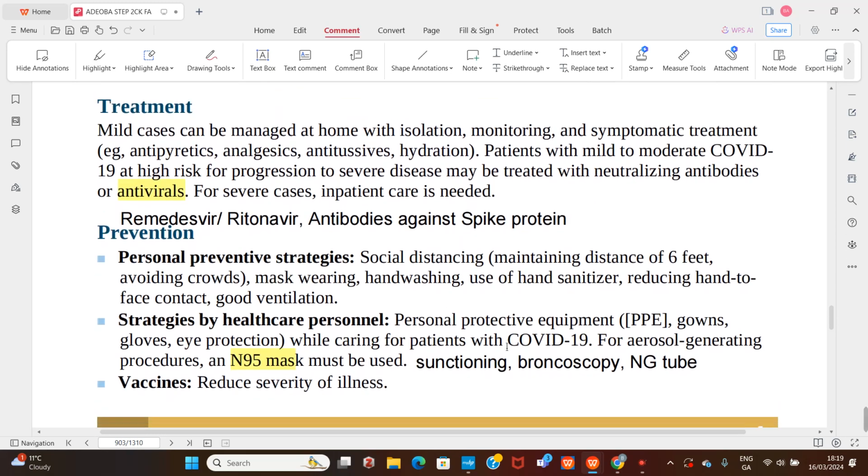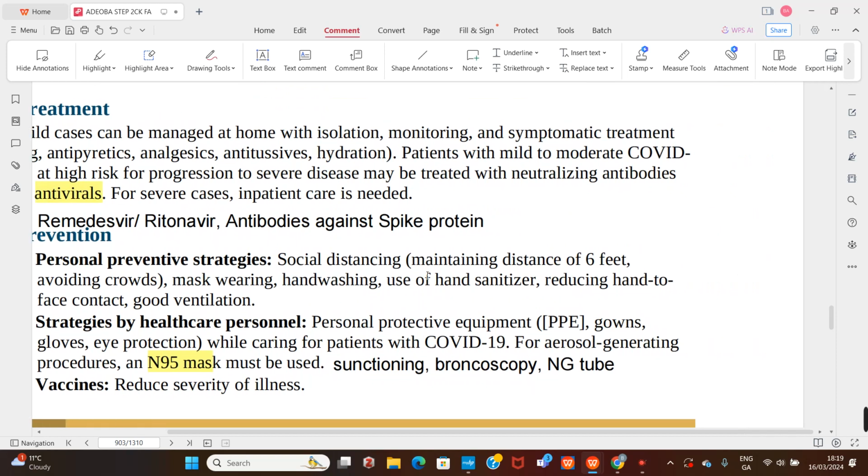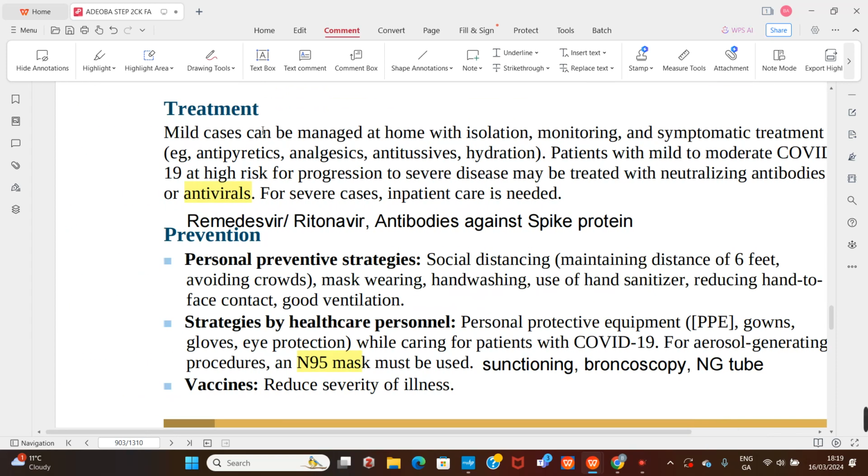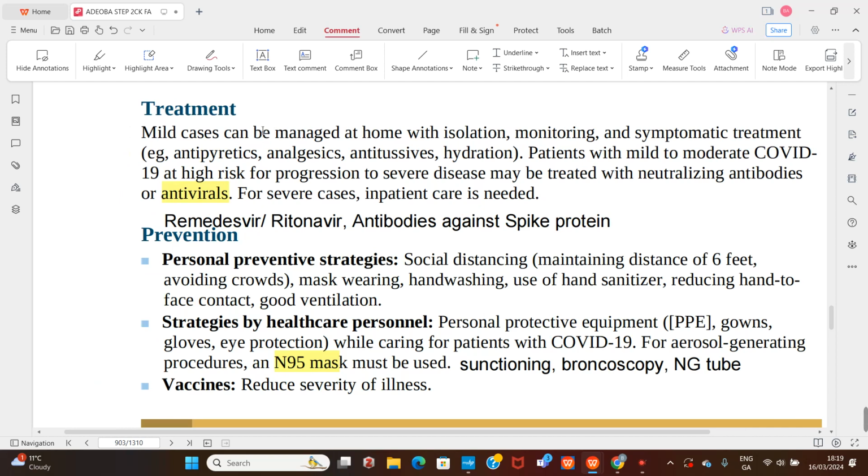So how do you want to treat them? For mild cases, you just want to tell them, go home, isolate yourself, just lock yourself in the room, and the person should be placed on observation. When it gets worse, you might want to present to the hospital.